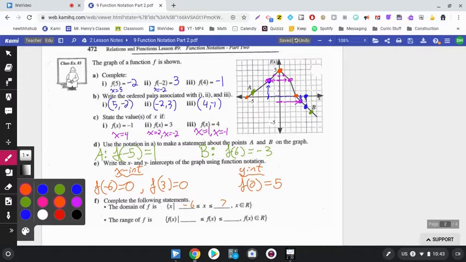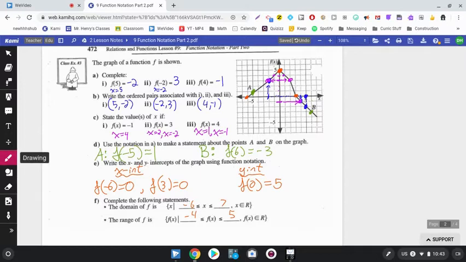The range, well, normally I say range is y such that, but in this case, I'm using function notation, so I'd write f of x such that. My range goes from, my very bottom output would be -4. Then I have a bunch of outputs all the way up to +5. From -4 to +5 for f of x element of the real, or y element of the real.